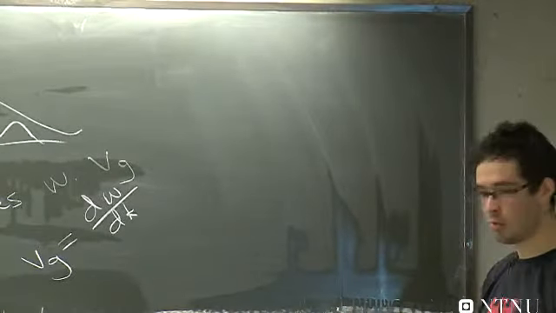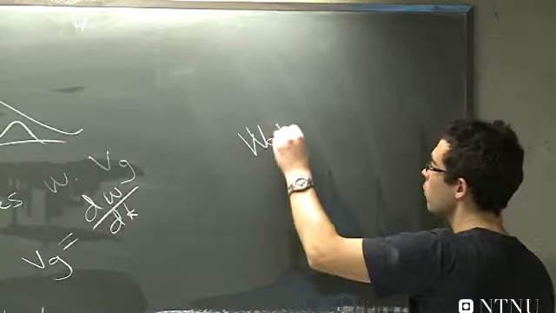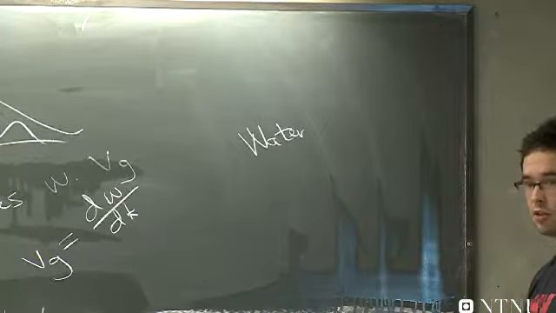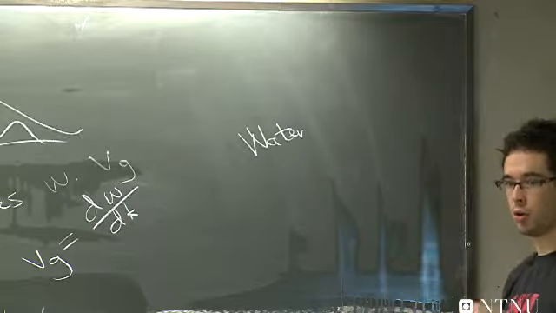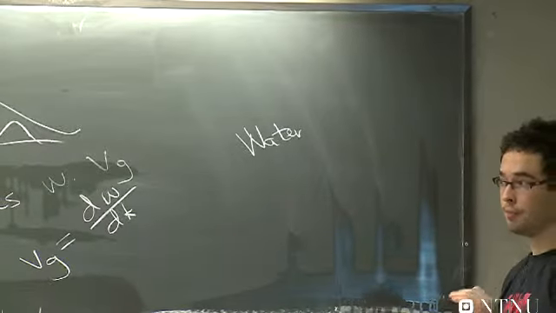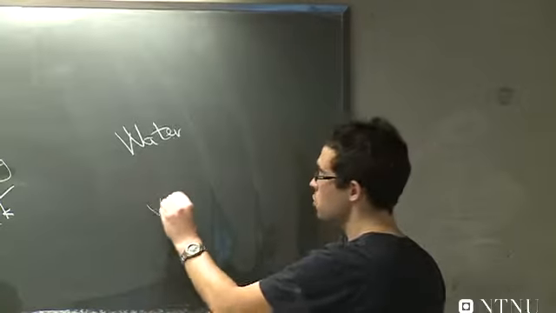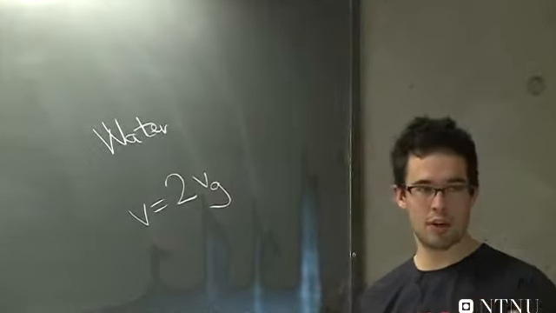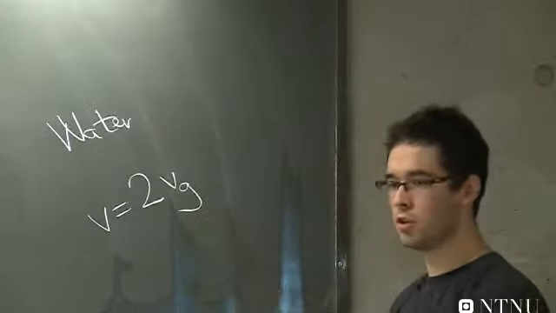A typical example which you've seen before is water waves. If you have big water waves, so that gravity is the source of the wave nature. You could also have small waves which are caused by the surface tension. But for the big waves, you have that v is equal to 2 Vg. So when it looks like waves are coming towards you really fast, and then it sort of takes a bit longer than you expect, it's because the group velocity is actually slower.